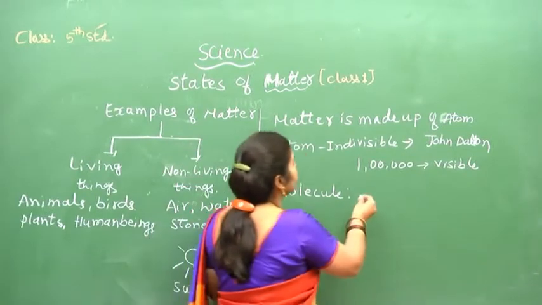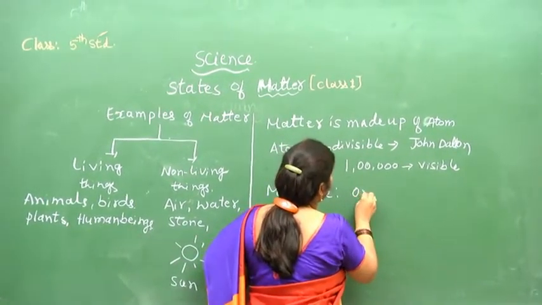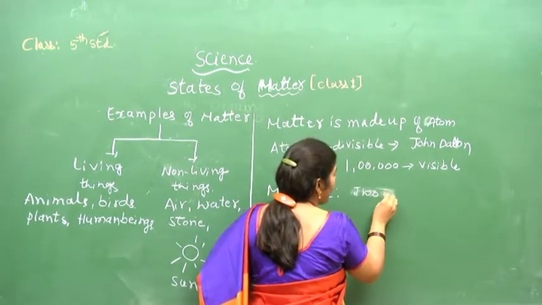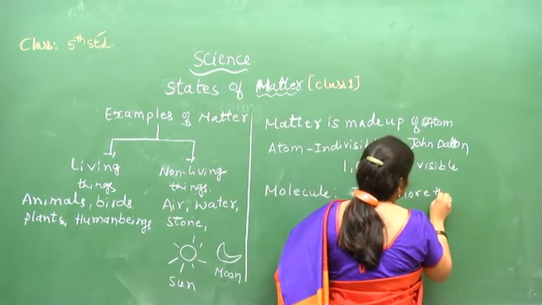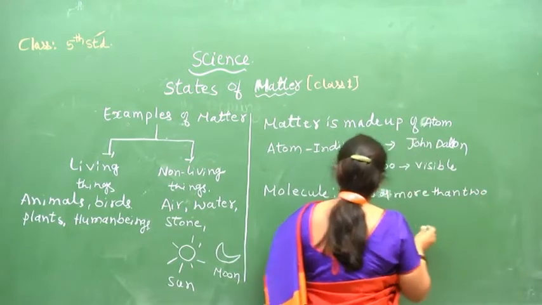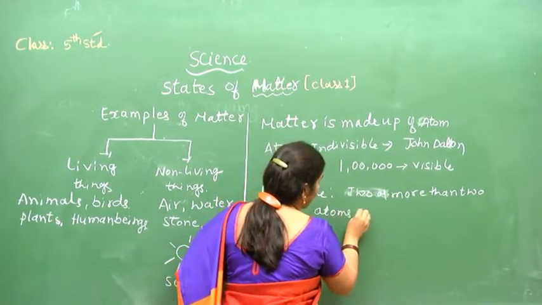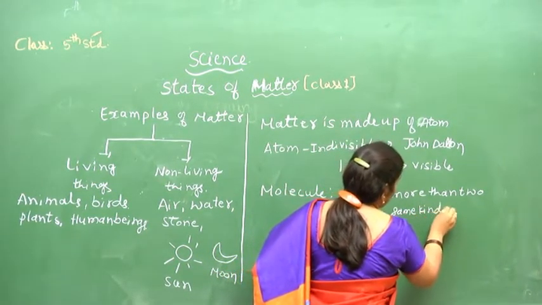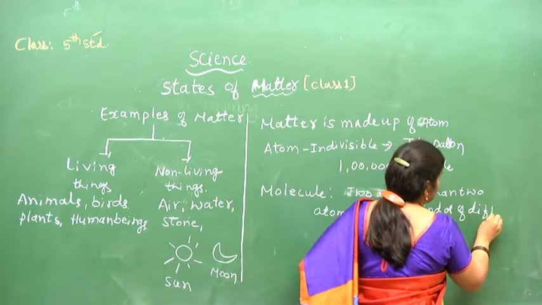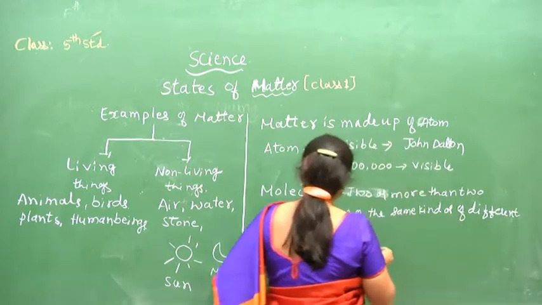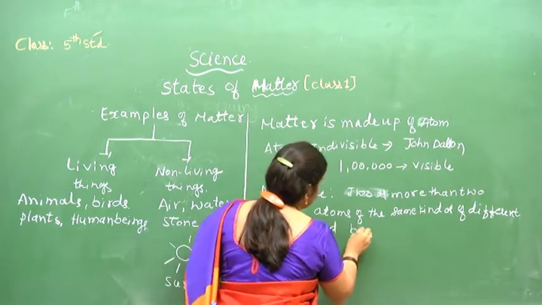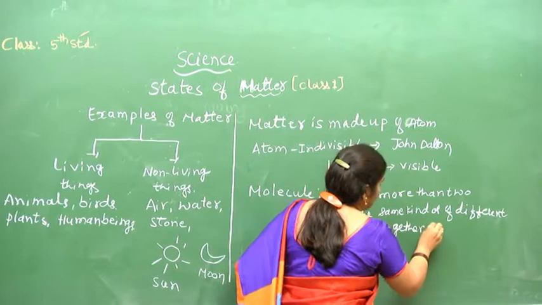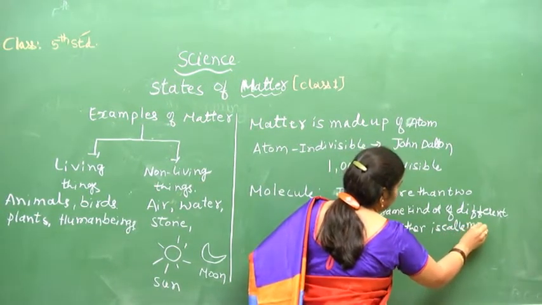We have to take 2 or more than 2 atoms of the same kind or of different kind, bound together. That is called a molecule.